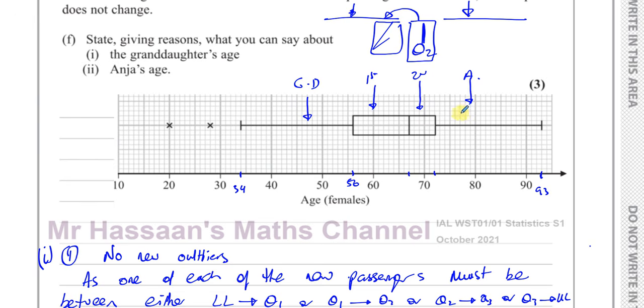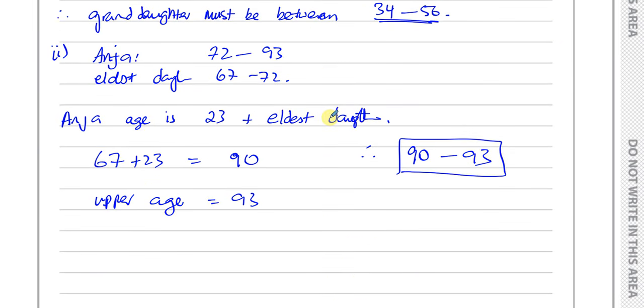As the grandmother is 23 years older than the eldest daughter, and the eldest daughter can't be below 67, you have to add 23 to 67. That gives you 90. So she must be at least 90, and the most she can be is 93. Otherwise, she'll be an outlier, and then you'd have to add something to this box and whisker plot. Okay, so there's the answer to part F.